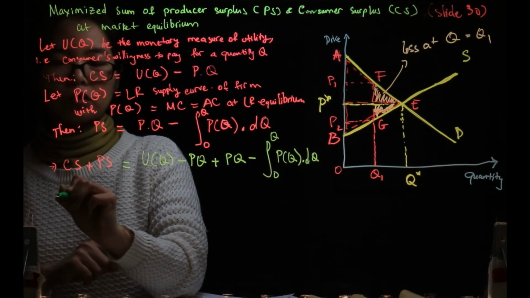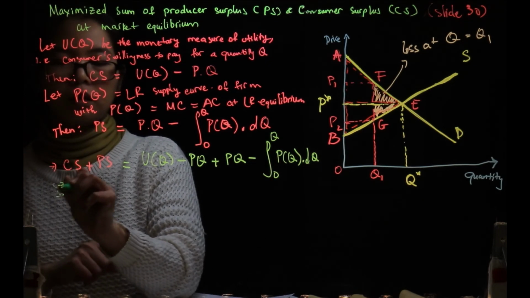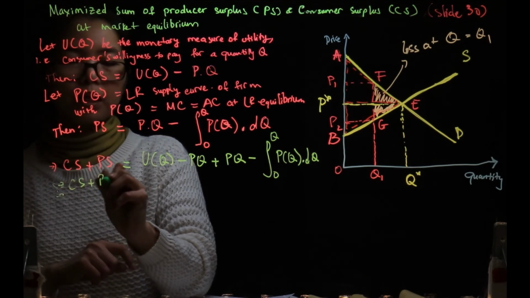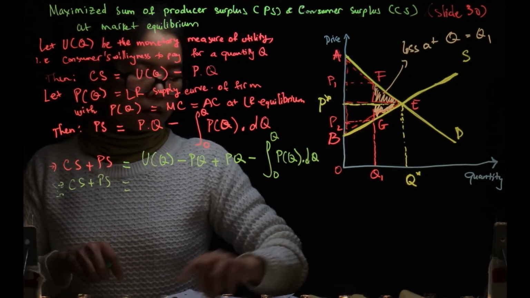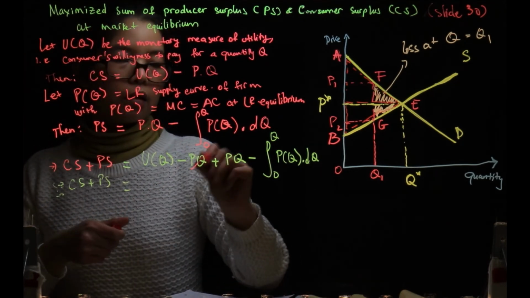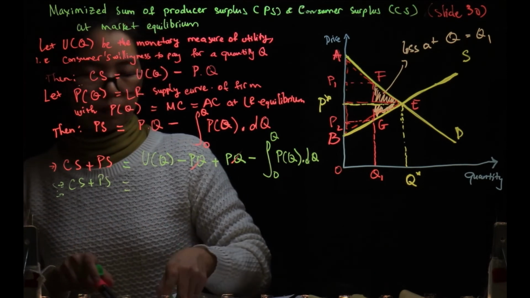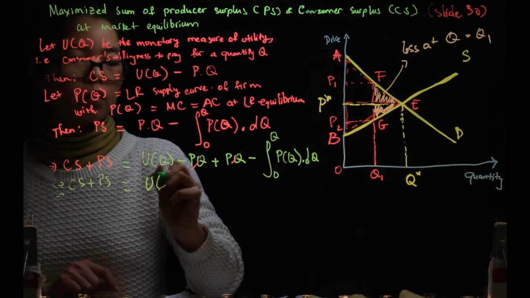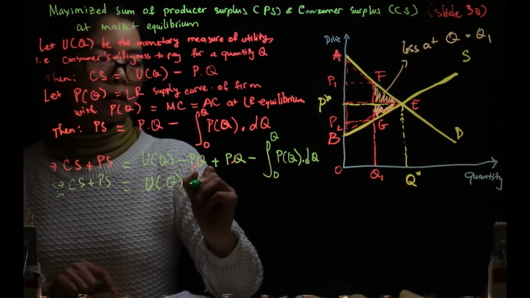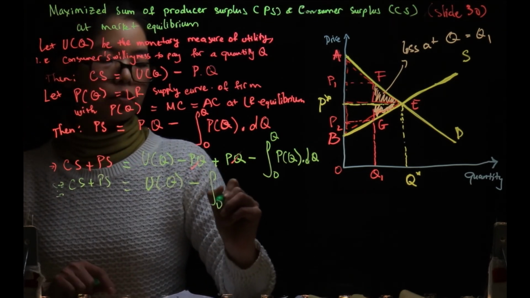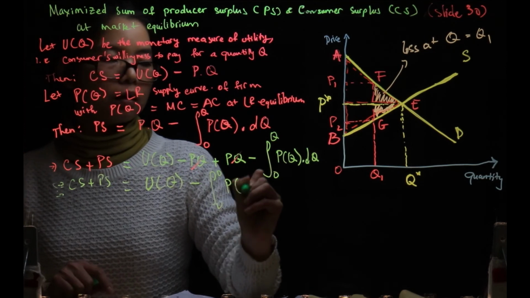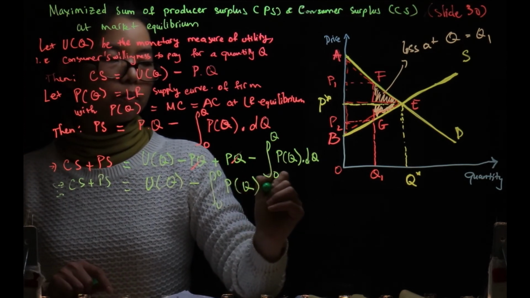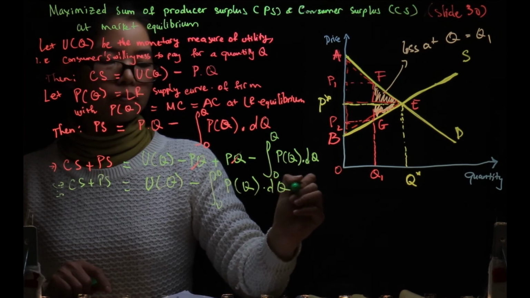And then we can cancel out. So CS plus PS would be, this is gone, right? U(Q) minus the integral of the marginal cost curve.